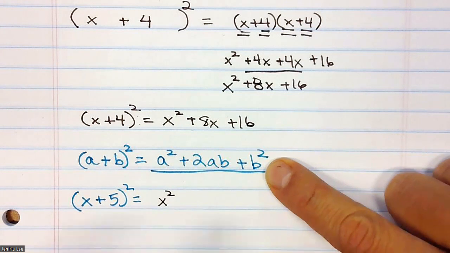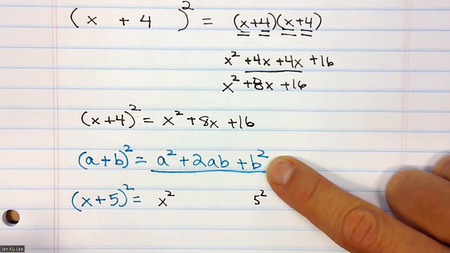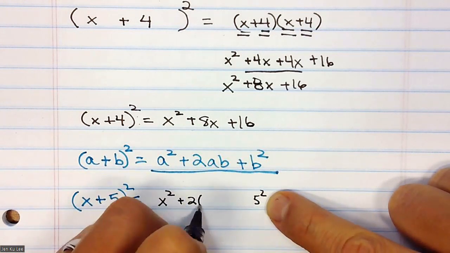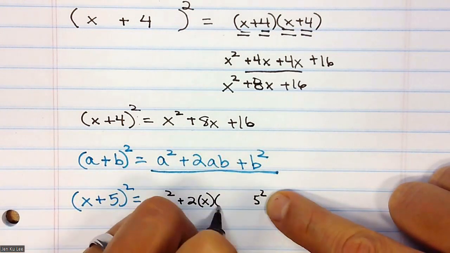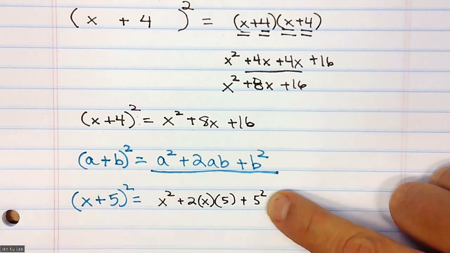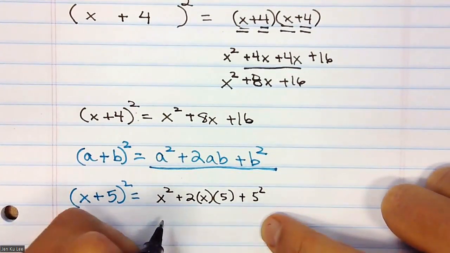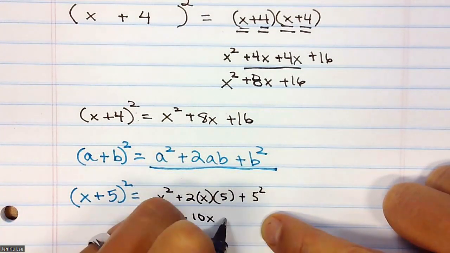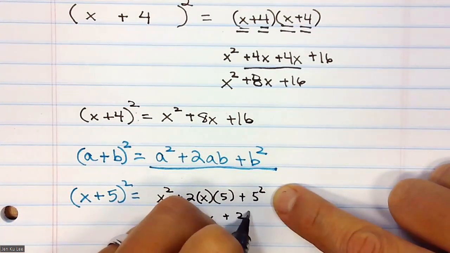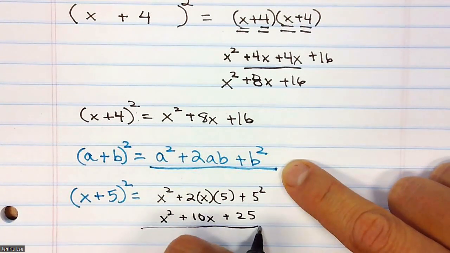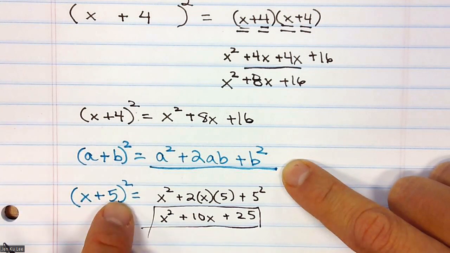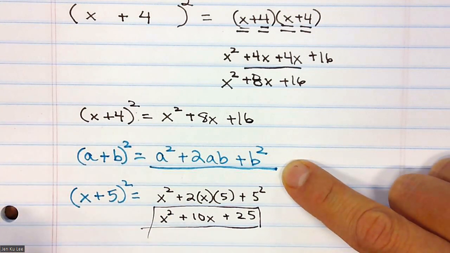The last term is b squared, so that's 5 squared here. And then the middle term is going to be 2 times a, which is x, times b, which is 5. Right? So you have x squared plus 10x, because 2 times 5 is 10, plus 5 squared is 25. And that would be the product of x plus 5 times x plus 5. Okay?